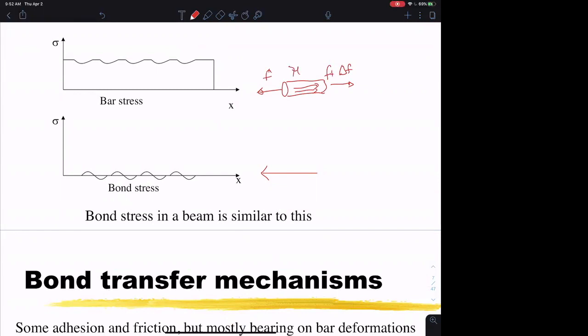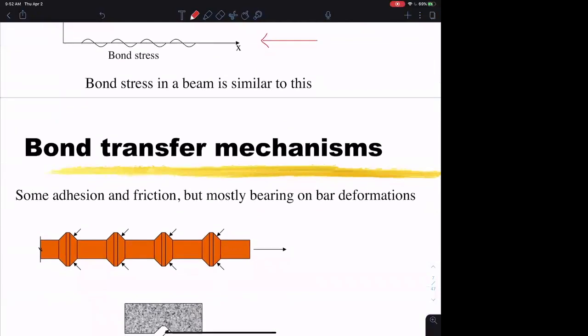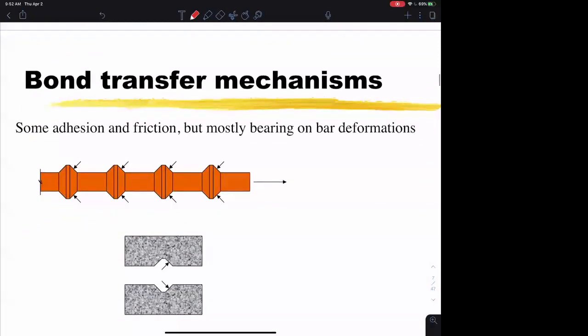But in real life, the bars are not smooth like that. The bars have ribs on them, and I've idealized them in this drawing here. And so when you pull on this, the rib here is pushing against the concrete. Okay.